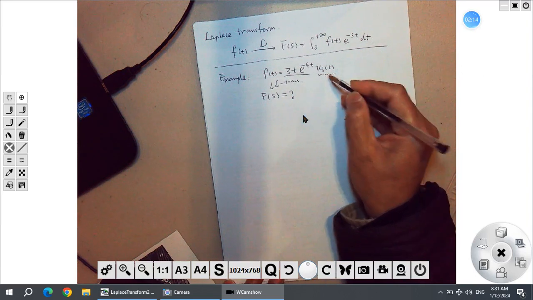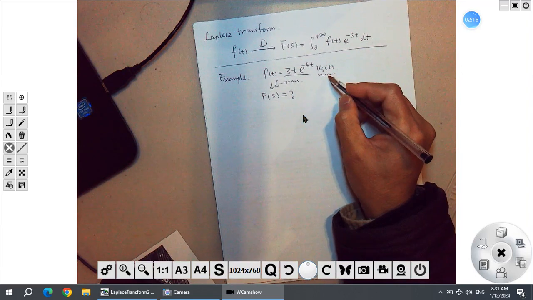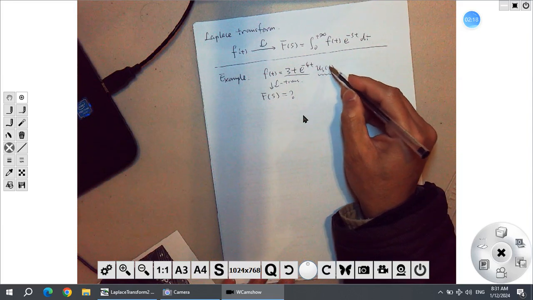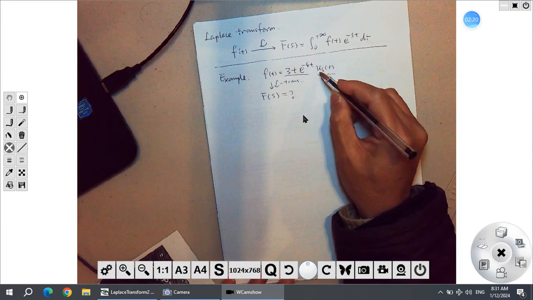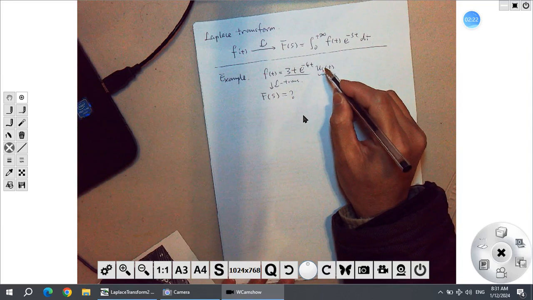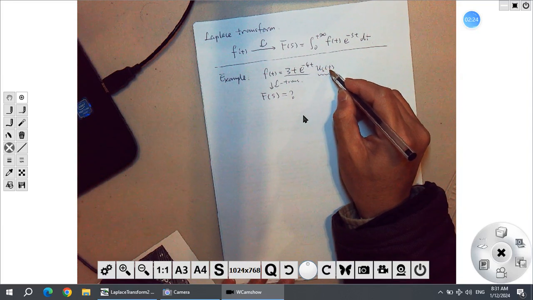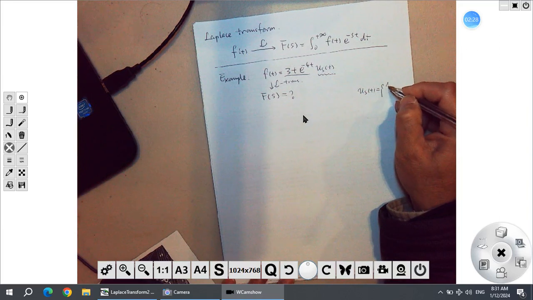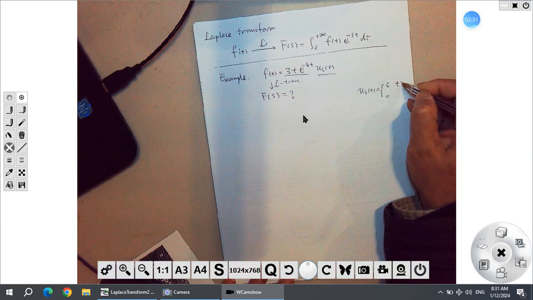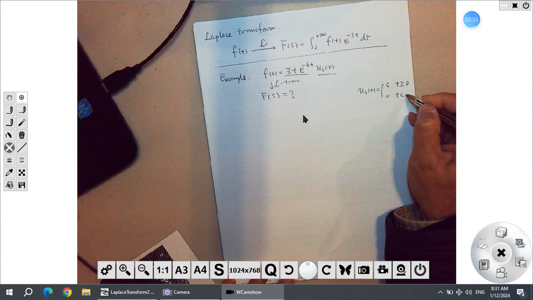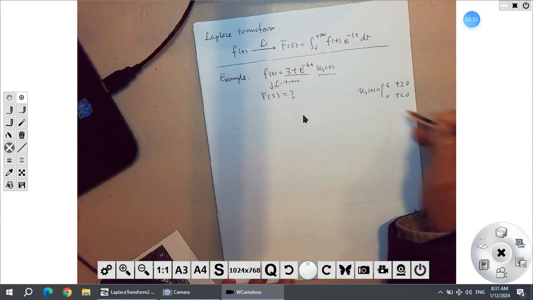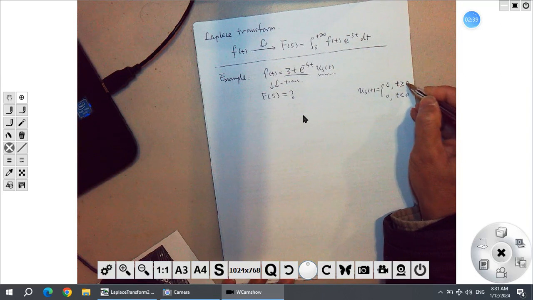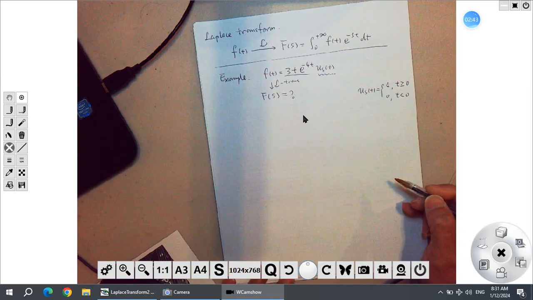Actually, this kind of thing is sometimes confusing, because you think we have one more function here, but you should just remember what u of t is. u of t equals 1 or 0. For positive t, it is 1. For negative t, it is 0. And at t equal to 0, this is also 1. So this is u of t.